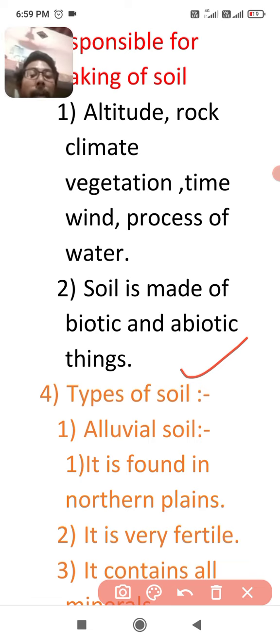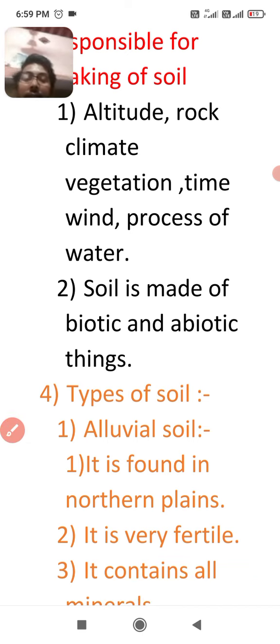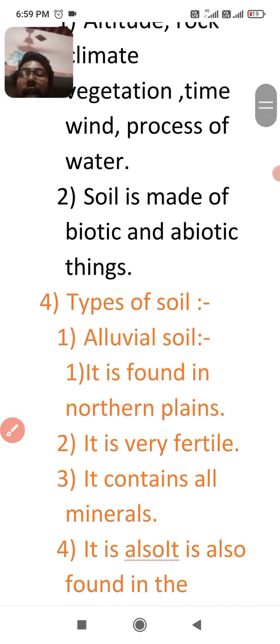There can be a separate question in the exam: write a note on alluvial soil. In a CBSE exam there can be a question like this: alluvial soil is found in the northern plain, and this northern plain is very fertile; justify the point. You can say in your answer: first, alluvial soil is found in the northern plain. Second, it is very fertile.